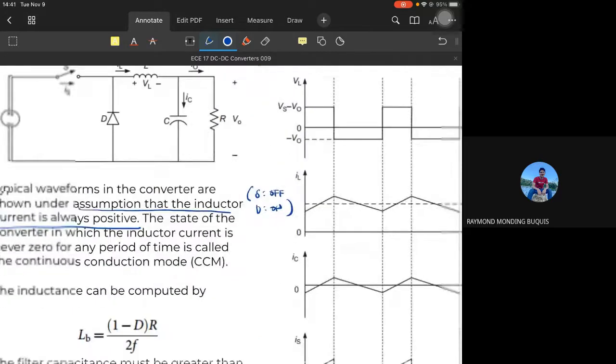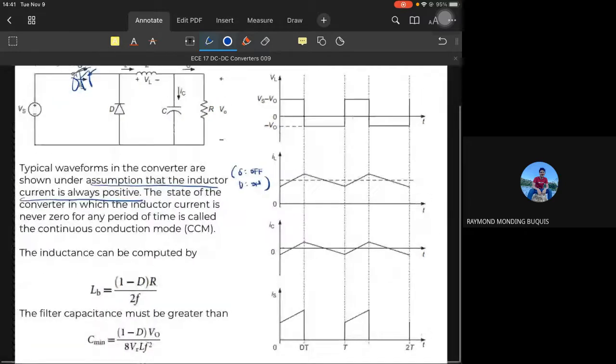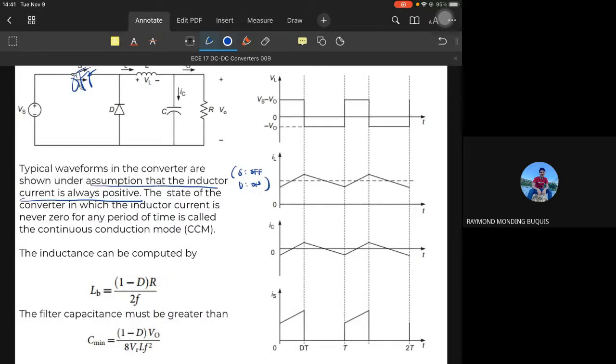That will keep the current in the inductor always positive. So the state of the converter in which the inductor current is never zero for any time period is called the continuous conduction mode. It is a common term for DC to DC converters.